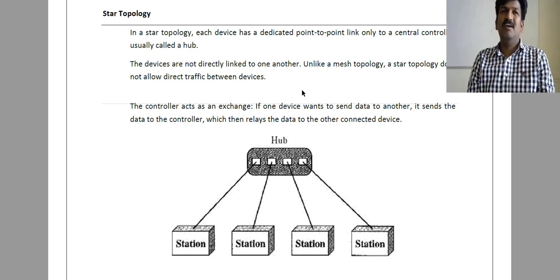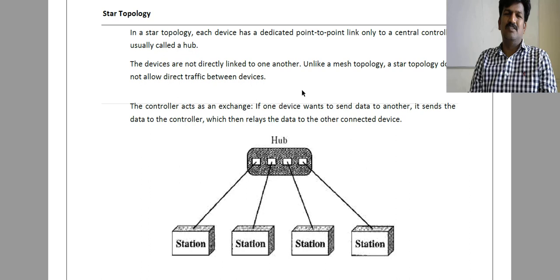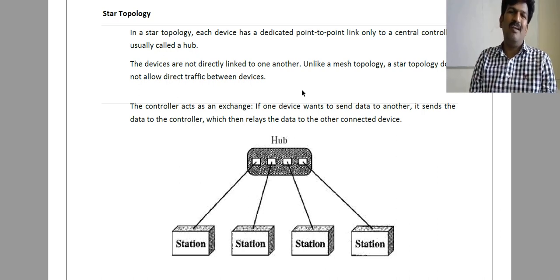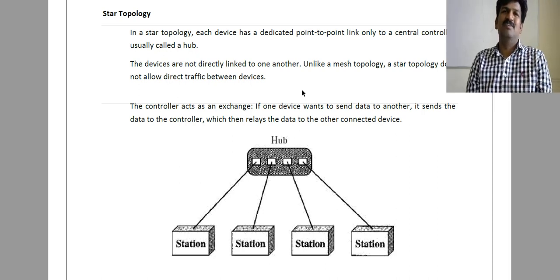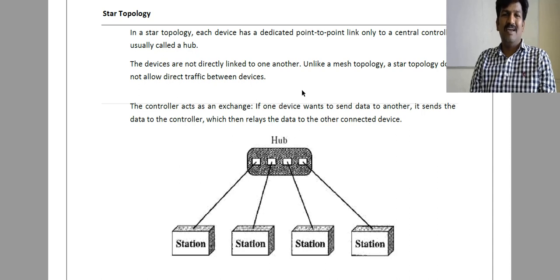Let me consider 100 computers. 100 computers are going to be connected to one central hub. So how many dedicated links are needed for the 100 computers? Only 100 links. For each one, only one dedicated link is needed, which is used to make a connection between that particular computer and the hub. That is a star topology.